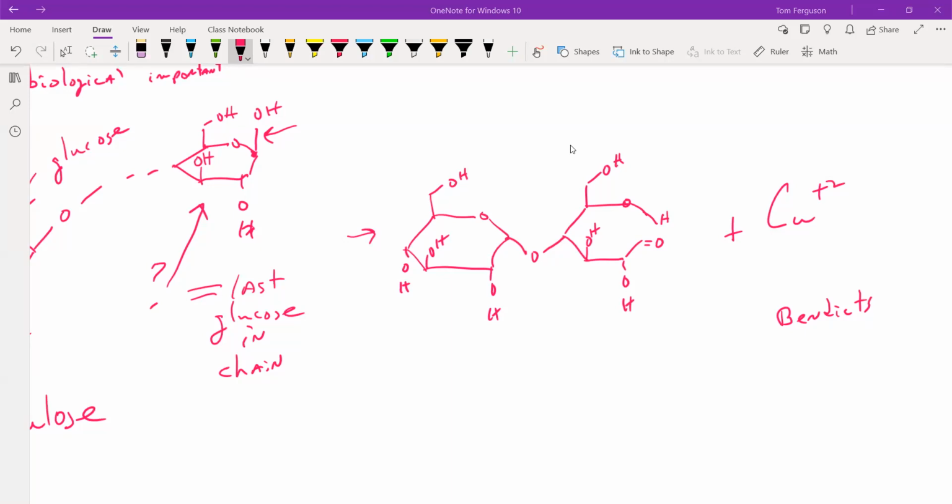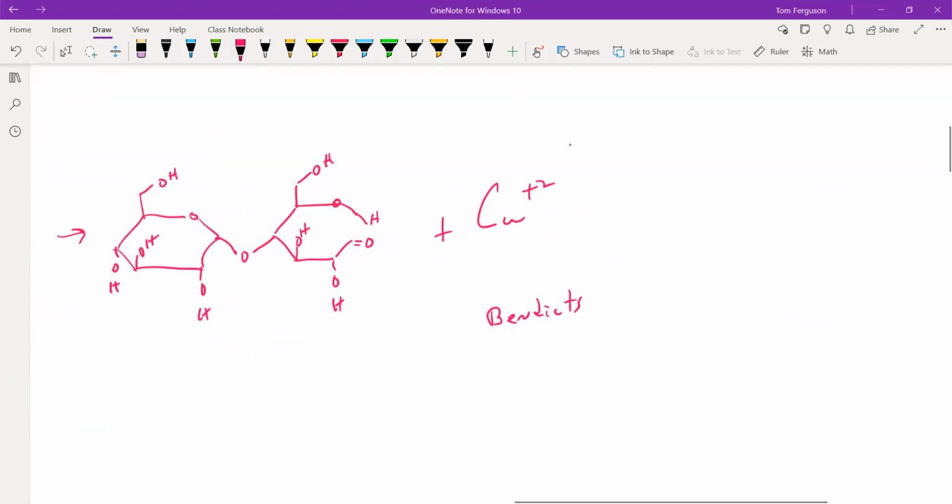Okay, so let's continue on here. We have maltose. The right-hand one is a hemiacetal that can open up. And when it does open up, it presents itself as an aldehyde. Now that aldehyde can be oxidized, and this is in an alkaline environment.